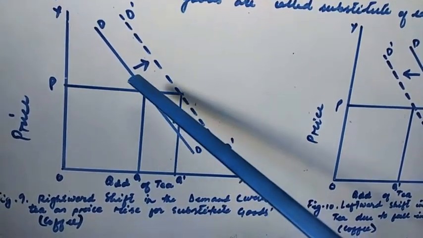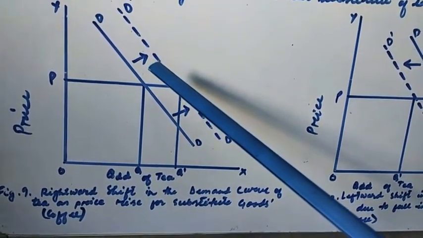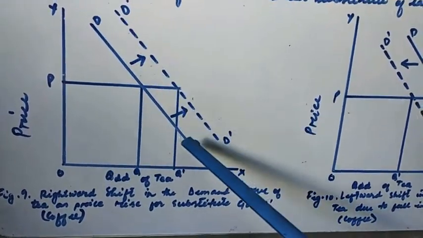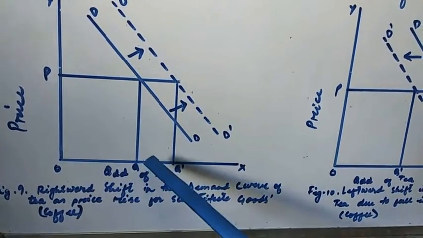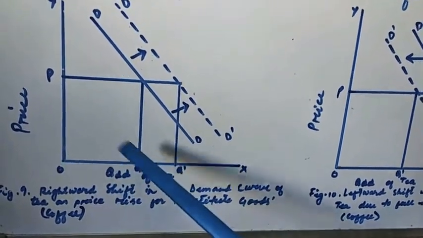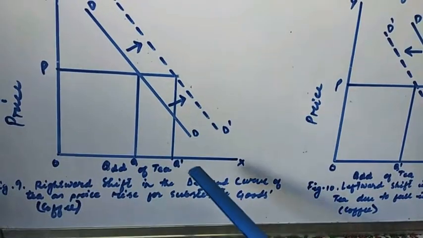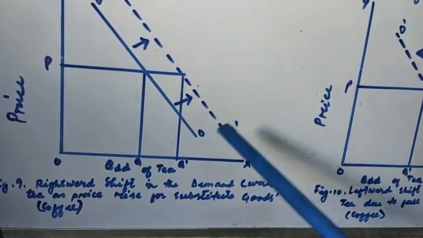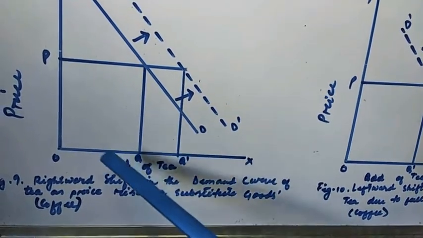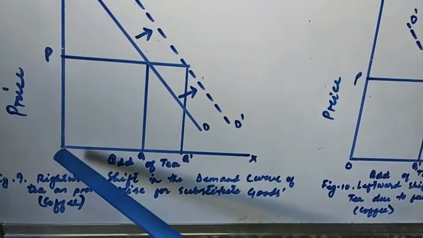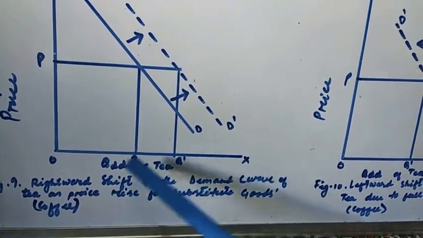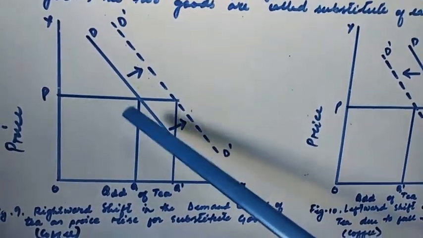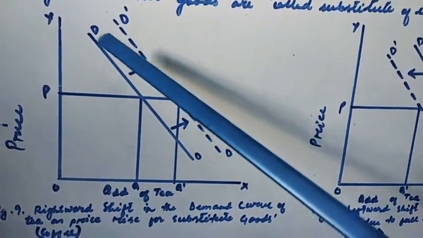Earlier, before the rise in the price of the substitute good, coffee, the demand curve is DD and quantity demanded of tea is only OQ at price OP. Once there is a rise in the price of coffee, the quantity demanded for tea has increased to OQ dash.